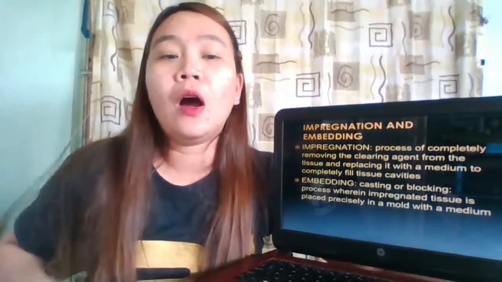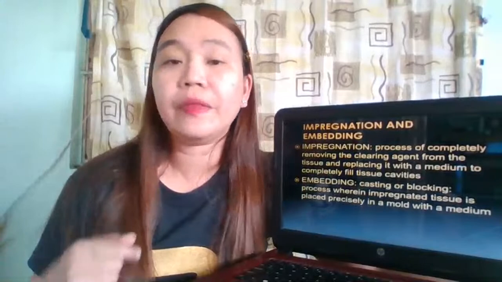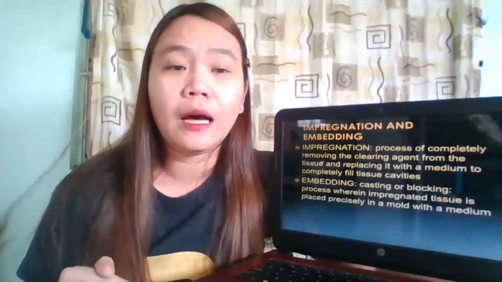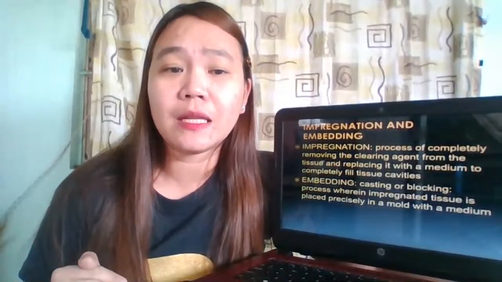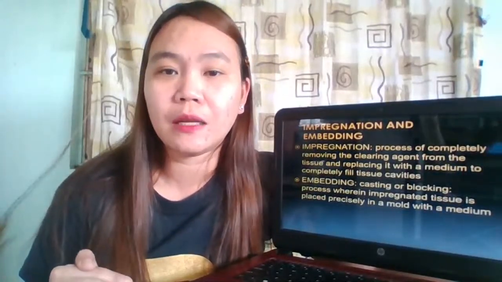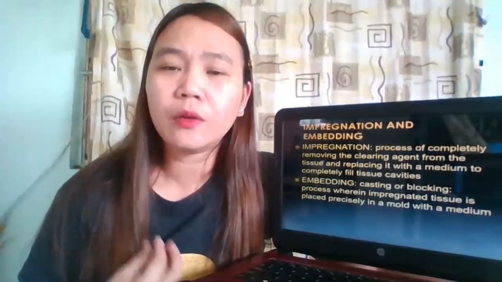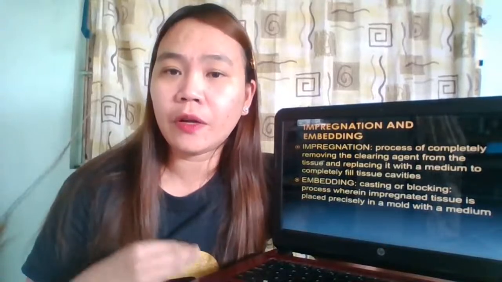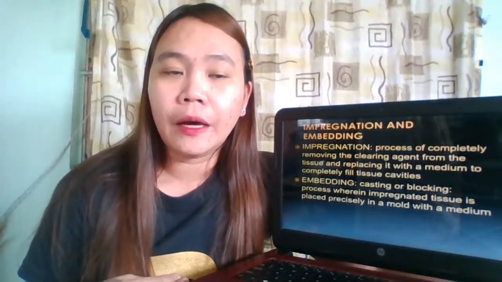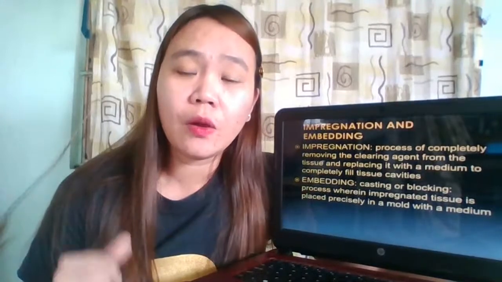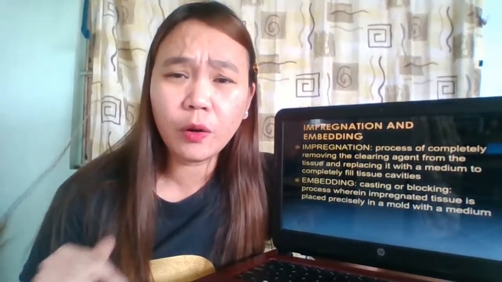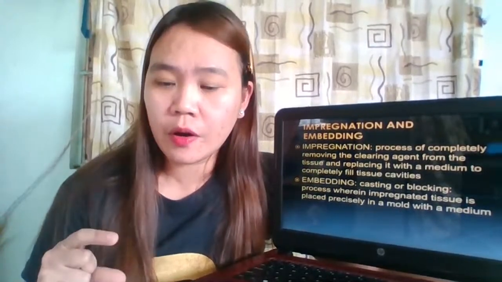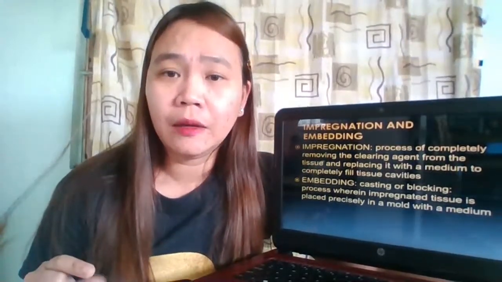Okay, put it there. Another purpose of infiltration or impregnation is for us to be able to fill the different cavities, the different spaces, and interstices which are present in your tissue sample. Why do we have to fill your cavities? Filling up your cavities and spaces with your infiltrating medium will make your tissue sample firm.